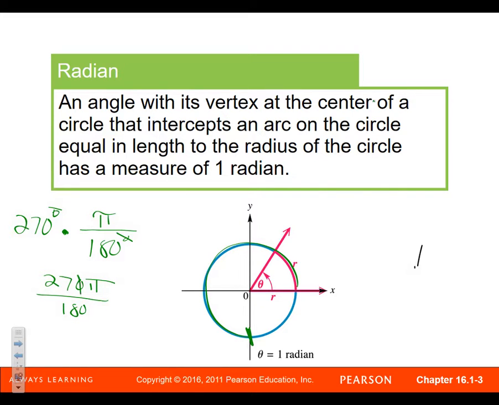So this would go away. 9 goes in there, and 9 goes in there, doesn't it? So that point is 3 pi halves radians. You're done. That's it. So 270 degrees is 3 pi halves radians, or 3 halves pi radians. That's it.